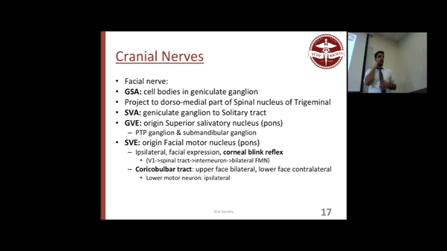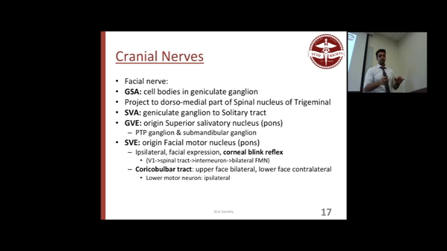Their cell bodies are located, we already know, in the geniculate ganglia, which is in the facial canal. It's going to go back, and it's going to synapse at the spinal trigeminal nucleus.